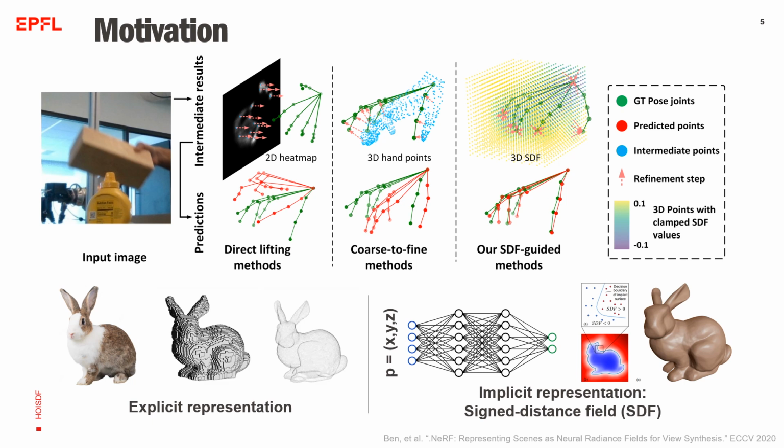Thus, existing intermediate representations can be interpreted as explicit shape representations. Although these representations can incorporate 3D shape information, we argue that implicit shape representations in the form of signed distance fields, SDFs, offer more effective 3D shape information for subsequent computations.